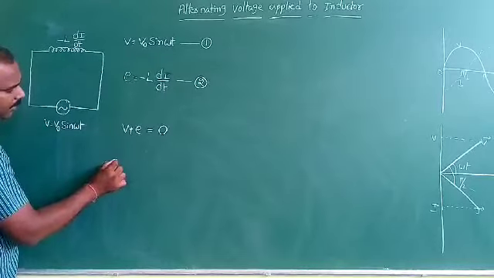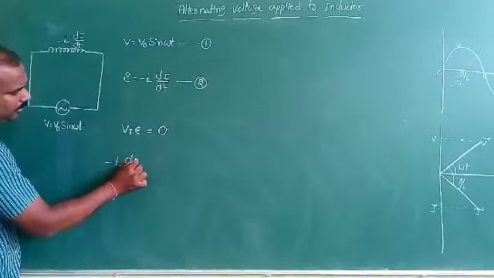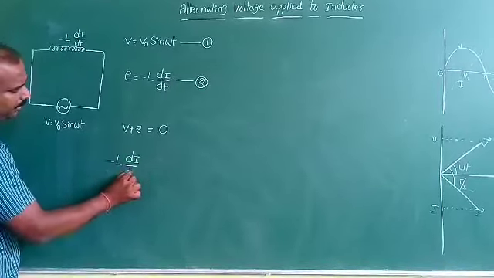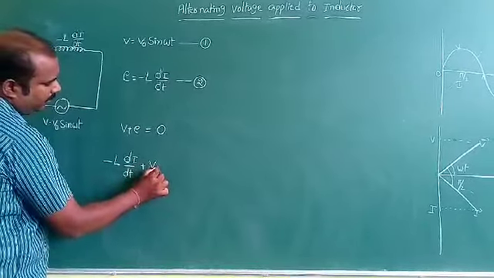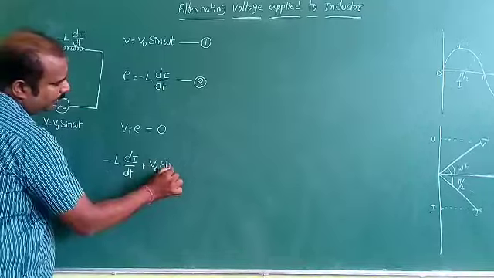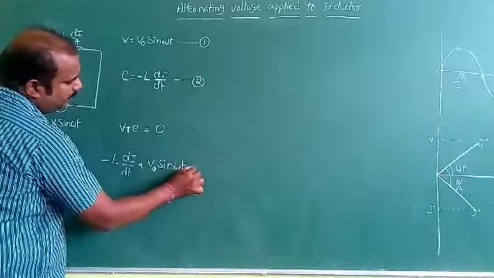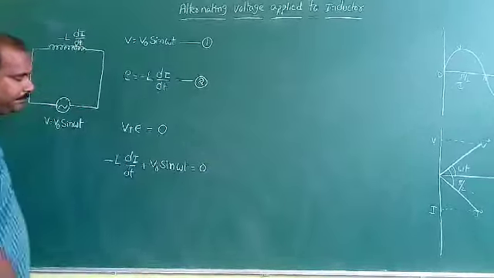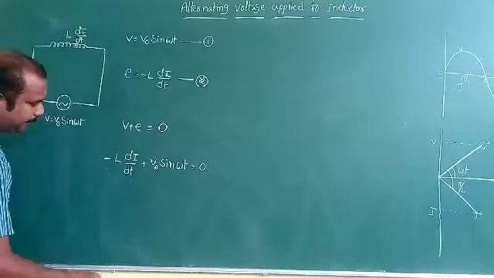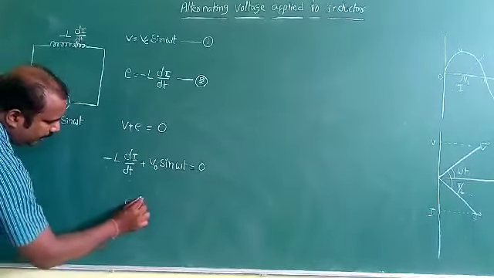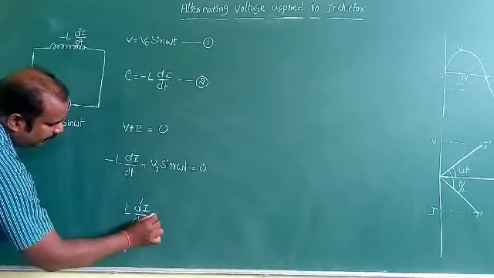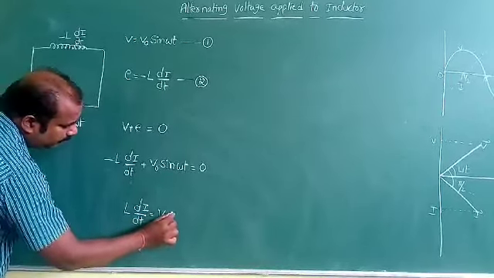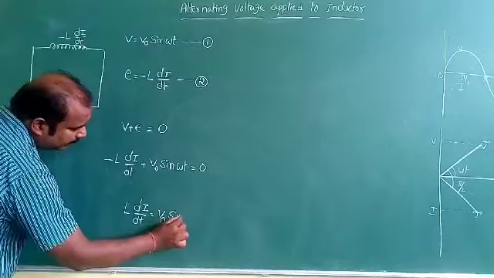Minus L into di by dt plus V naught sin omega t is equal to 0. If you take it to the other side, L into di by dt is equal to V naught sin omega t.